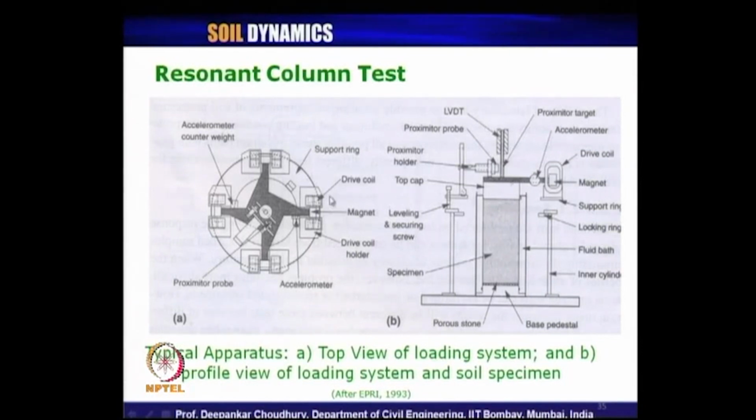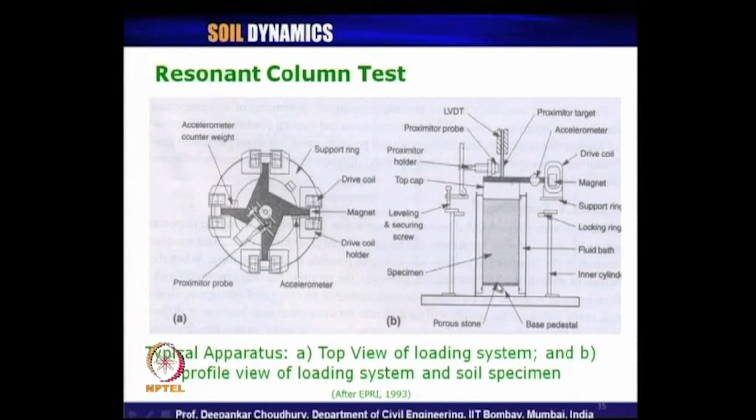So, this is the top view of the loading system, and this is the cross sectional profile. You can see LVDT, proximeter probe, proximeter holder. This is the top cap, then your soil sample or soil specimen, then fluid path, supporting ring, drive coil, and here you provide the accelerometer.